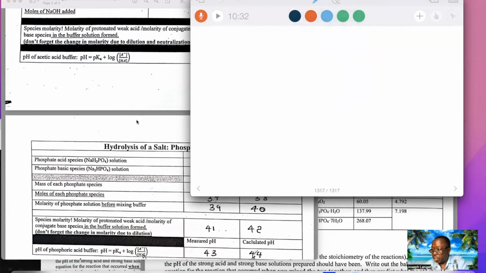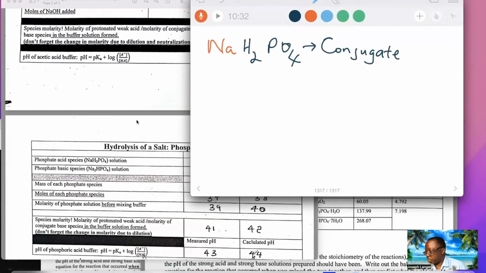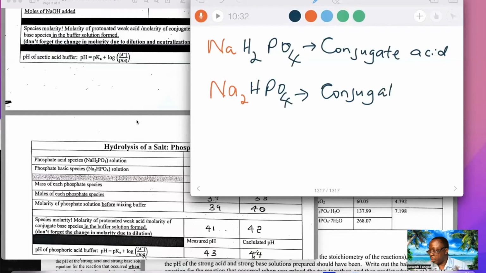This is NaH2PO4, the conjugate acid, and this is Na2HPO4, the conjugate base.